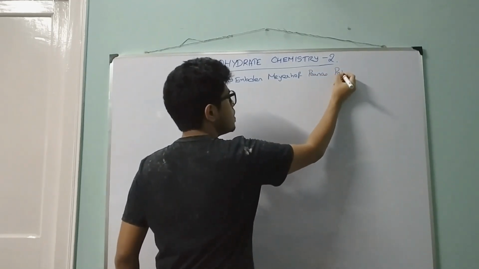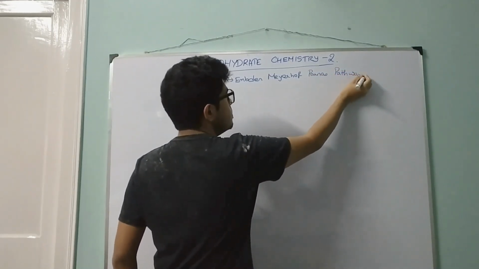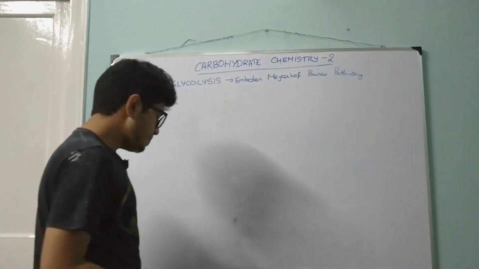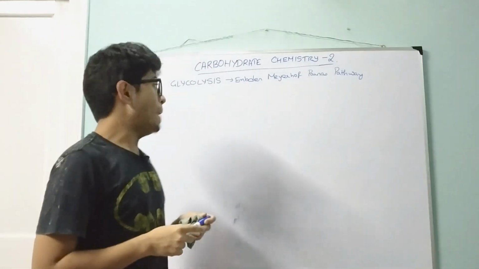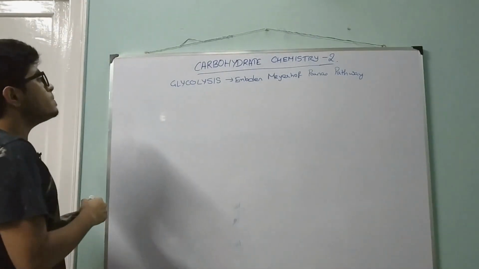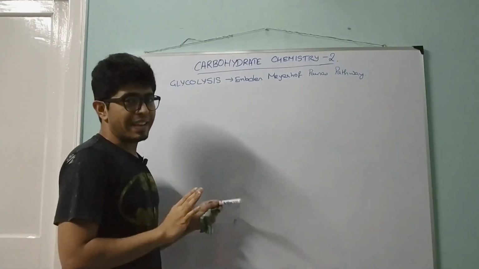It is a process in which the glucose molecule is converted into pyruvate molecule. So it comprises about 10 steps.